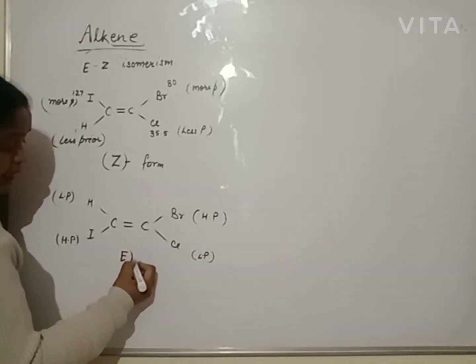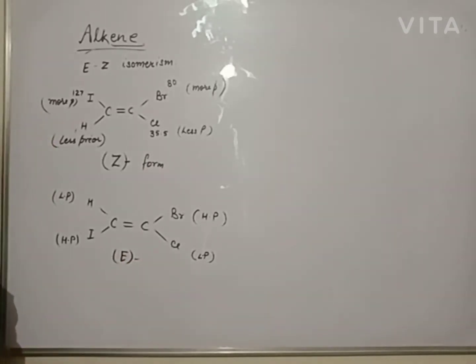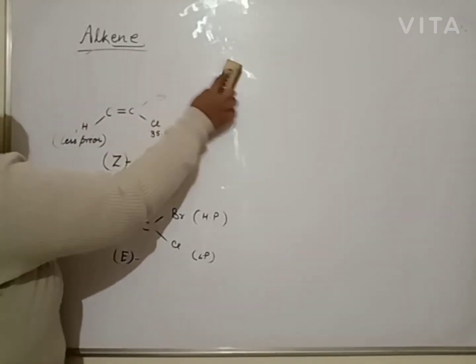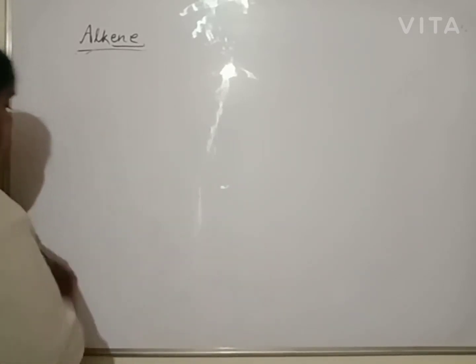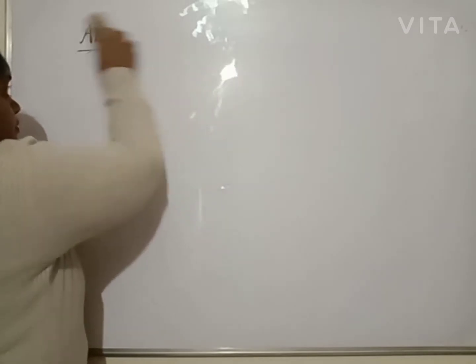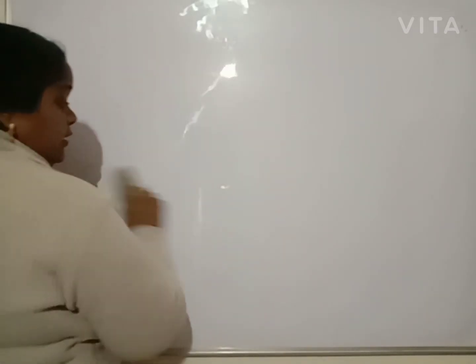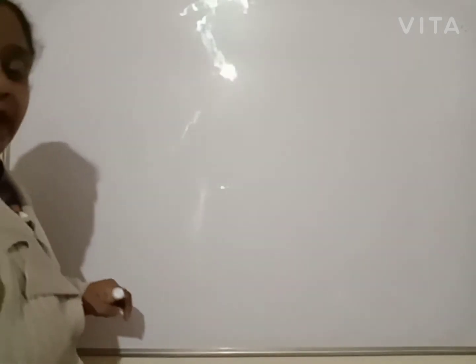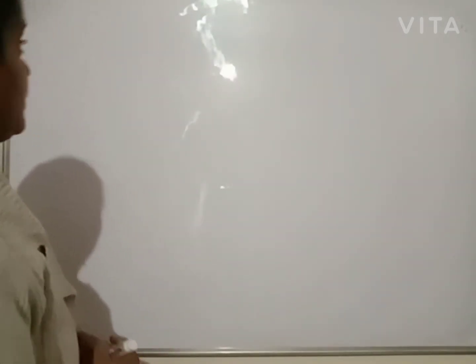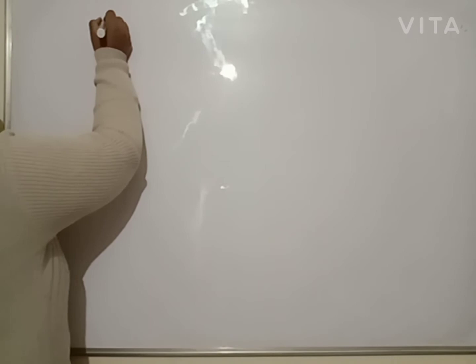Trans is represented by E form. Clear? This is EZ configuration. Now, beta, EZ configuration is used only for alkene if all the four groups attached to the doubly bonded carbon are different. Now, method of preparation.